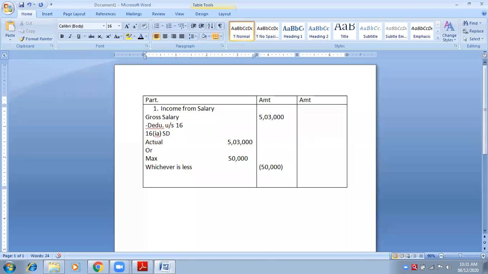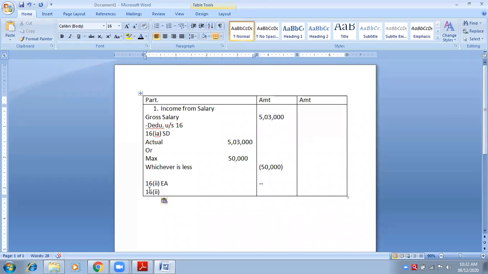16 subsection 2. Is entertainment allowance given in the question? No, it is not given in the question. Very good. So next we have 16 subsection 3. What was the heading of that?